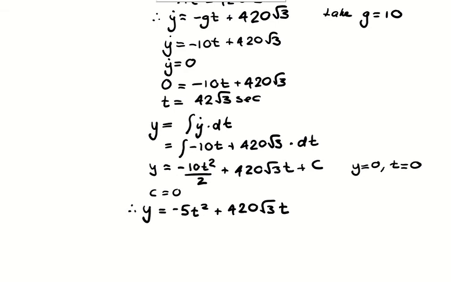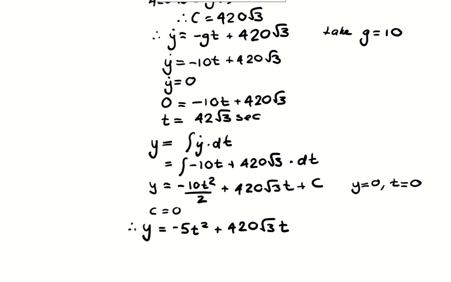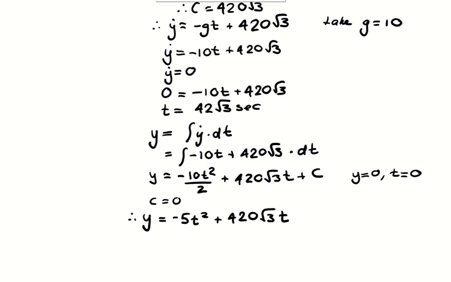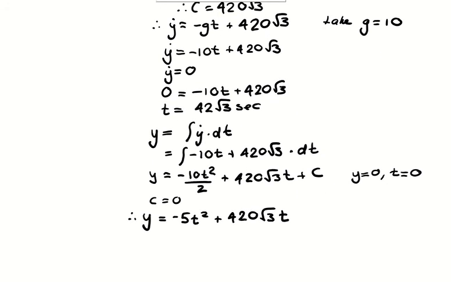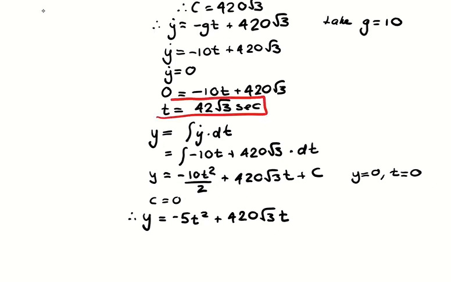for the height. And I know that the greatest height was at 420 root 3, was it 4? No, sorry, my greatest height was at 42 root 3 seconds. This one here. So I'm going to put that in now where my t values are.